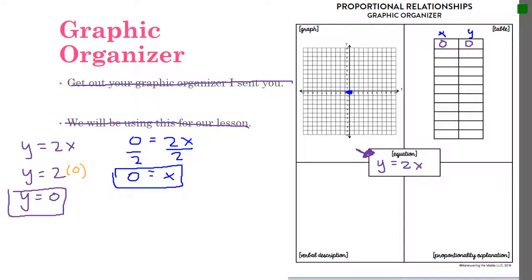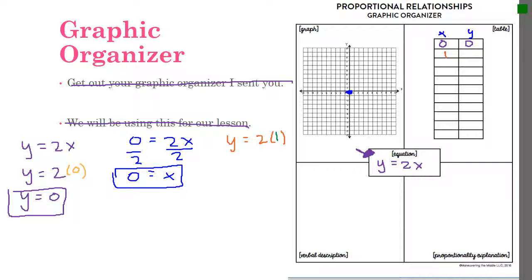So I could choose any value for x, and I could get an answer out for y, okay? I could choose any number I wanted for x, and I would be able to find out what that point was. So let's just say I plug 1 in for x. All I have to do is solve y using substitution. Y equals 2 times 1.